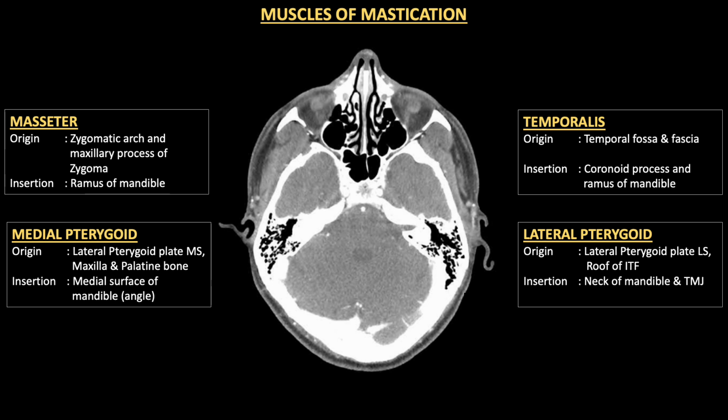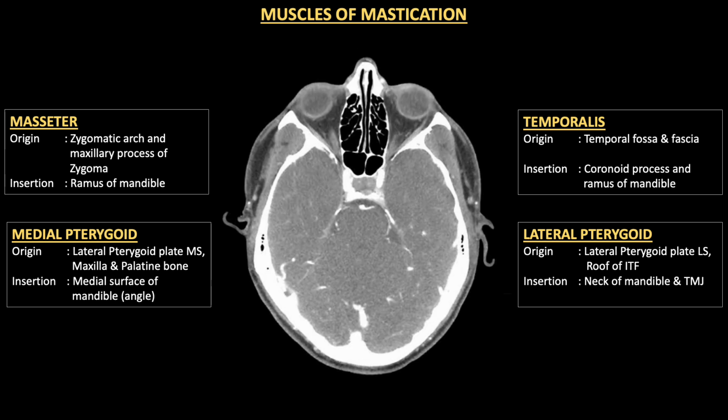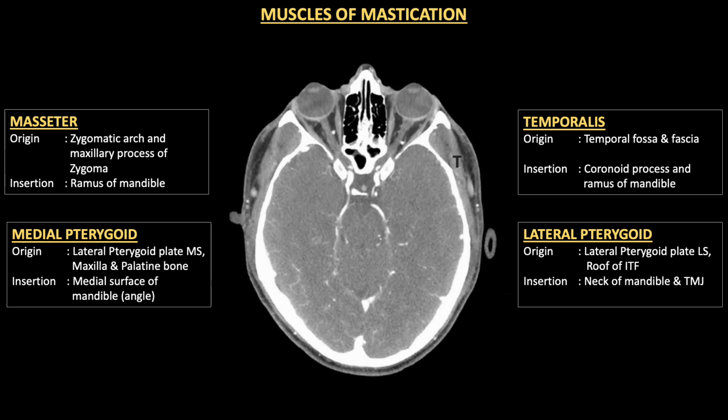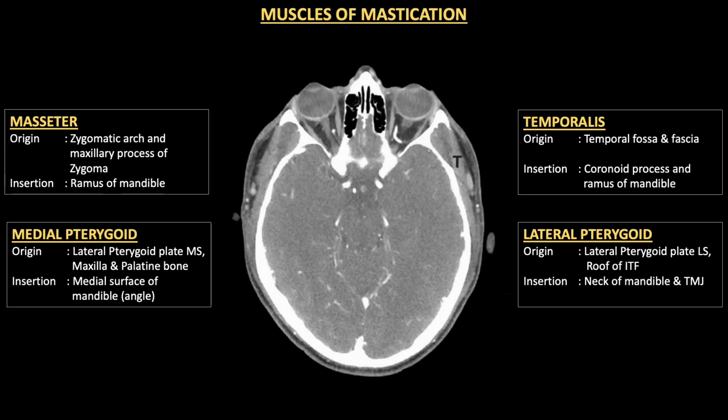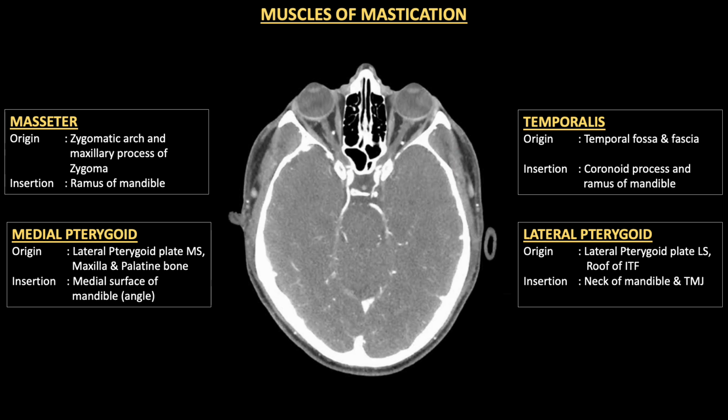So to now see the temporalis and the lateral pterygoid, we will go all the way up and then scroll caudally. So we will now scroll caudally, and this muscle here that lies in the temporal fossa is the temporalis muscle. It appears as a thin sheet over here. So I'll continue to scroll caudally.